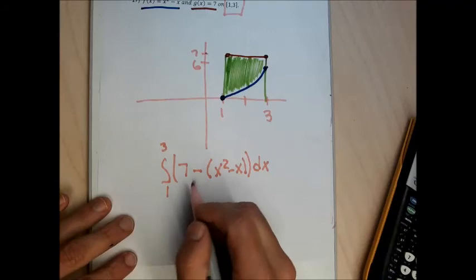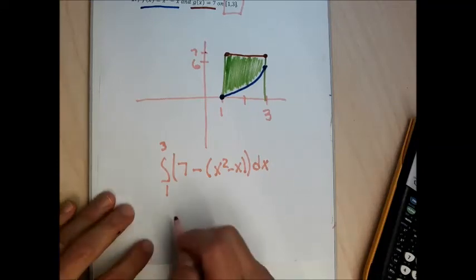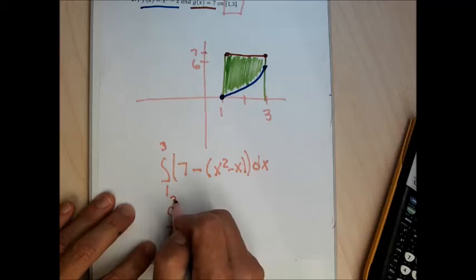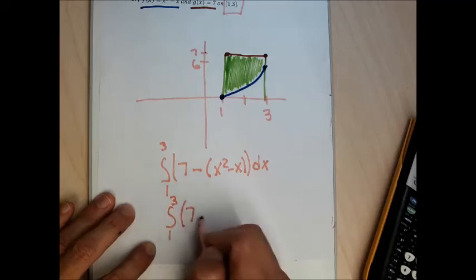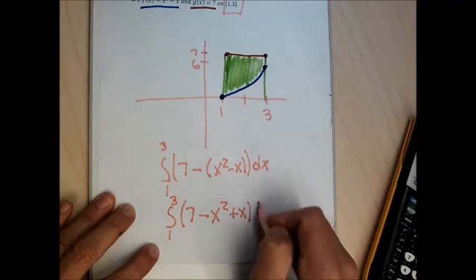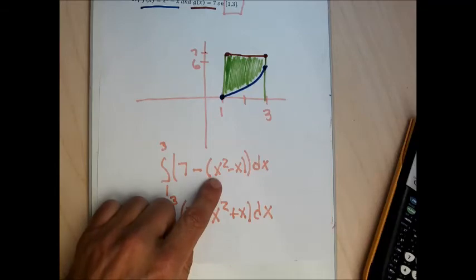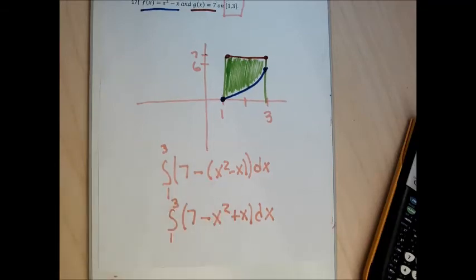Let me clean this up a little bit and get another sheet of paper because I just didn't give myself enough room. This is going to be the integral of 1 to 3 of 7 minus x squared plus x dx. So I just cleared the parentheses by flipping that sign.